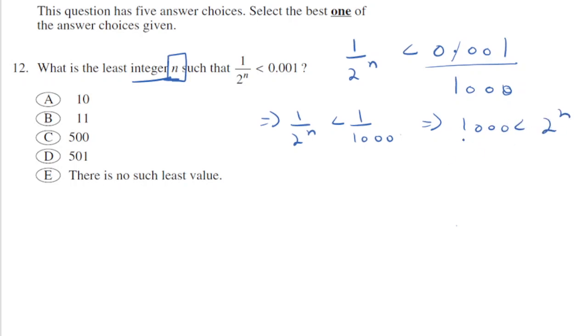Now if you are asking how did we jump from this step to this, it involves two intermediary steps which I haven't written, but for your understanding I'll write them over here. In the first step we have this. What I did was I multiplied both sides by 1000.